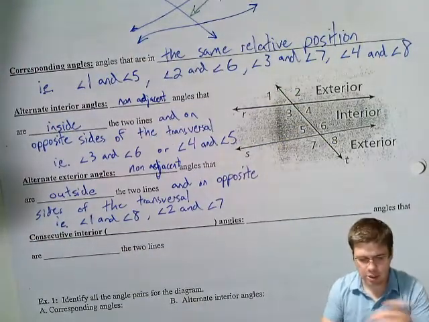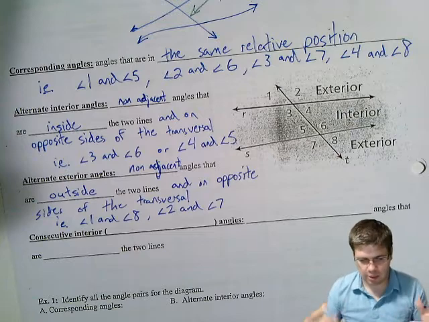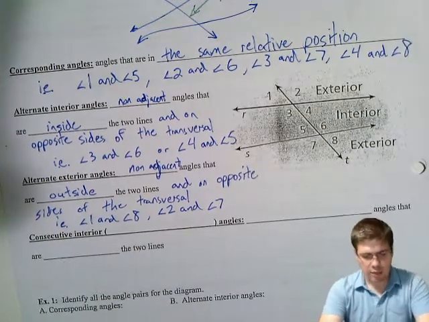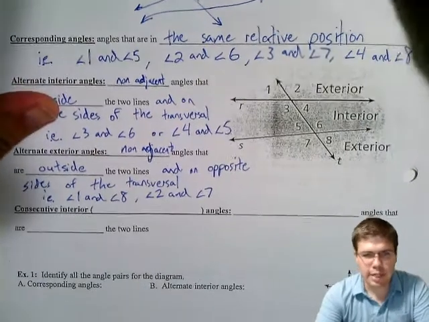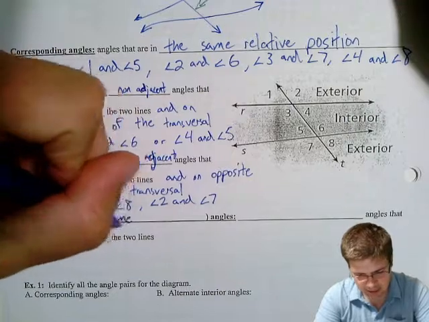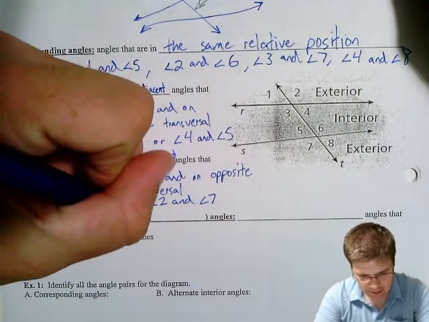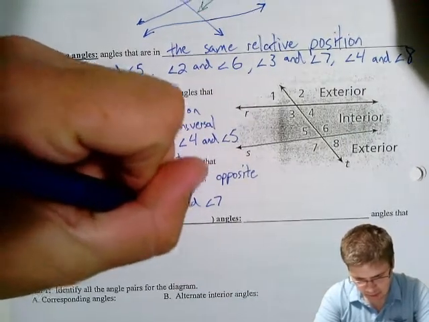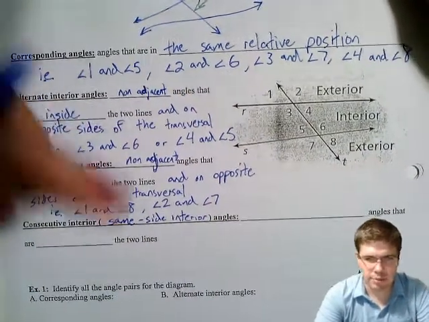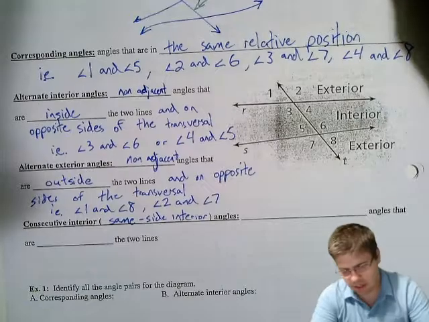We'll look at properties related to these later, but we just want to make sure we can identify these now. All right, so then we have consecutive interior angles, also known as same side interior. Not alternate interior, but same side interior, or consecutive interior angles.